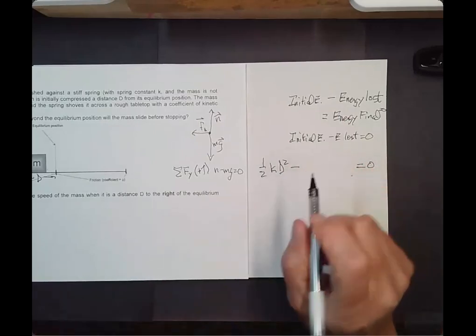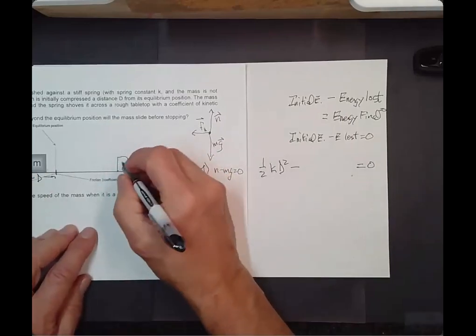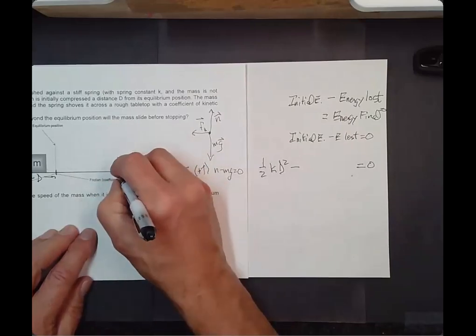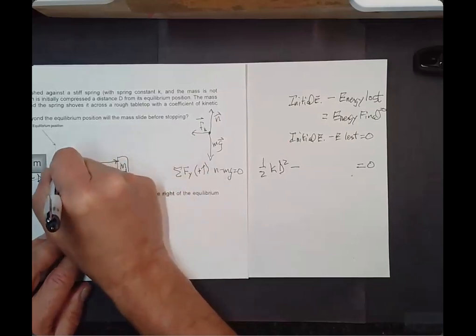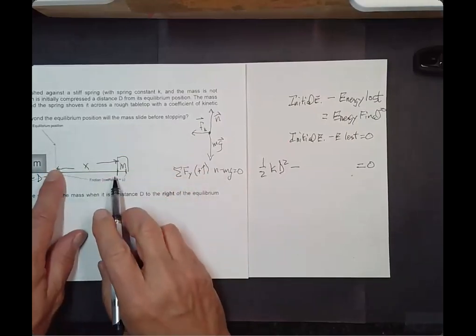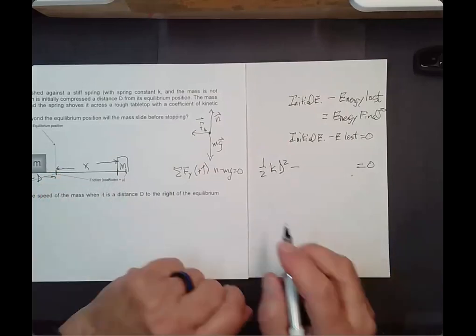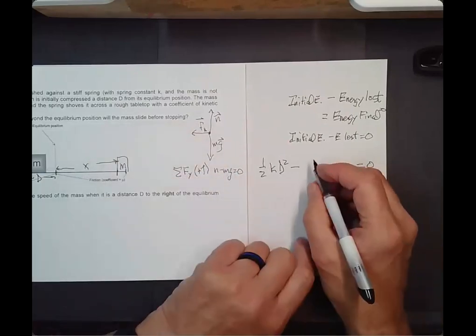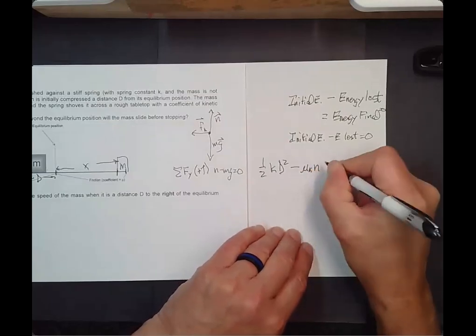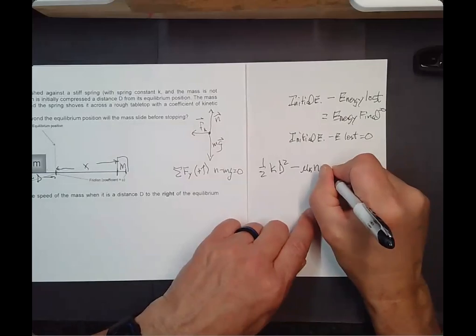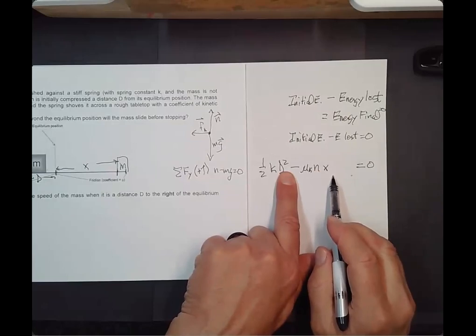And what happens is once we get out here, and maybe the block ends up over here, we've moved a distance x out onto this surface. And friction is going to be doing work on the block all the way from here out to here. The frictional force will be mu sub k times N, and x is the distance over which it acts, and this will represent the energy lost to friction.